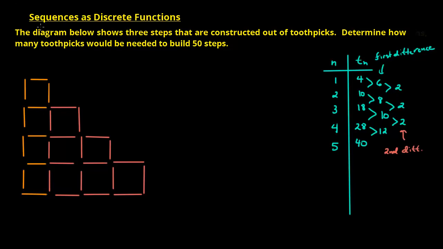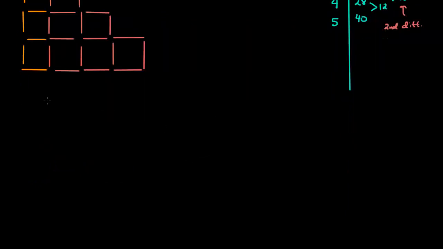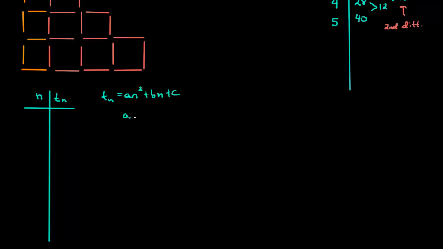Now, if you recall, the second differences are constant for quadratic functions. So this implies that we're going to have t sub n having a quadratic dependence on n, and we can show that this is true. So let's suppose that we have n, and then t sub n, where t sub n is equal to a n squared plus b n plus c, where a, b, and c are all not equal to 0.